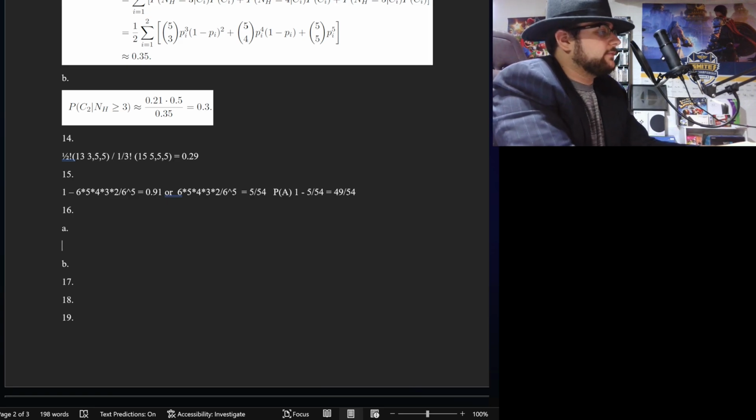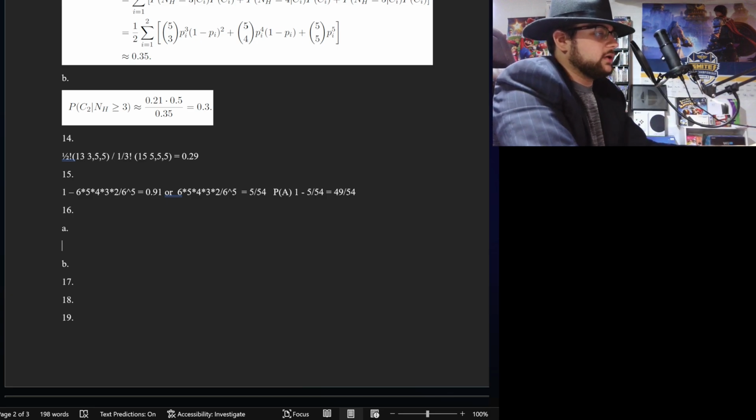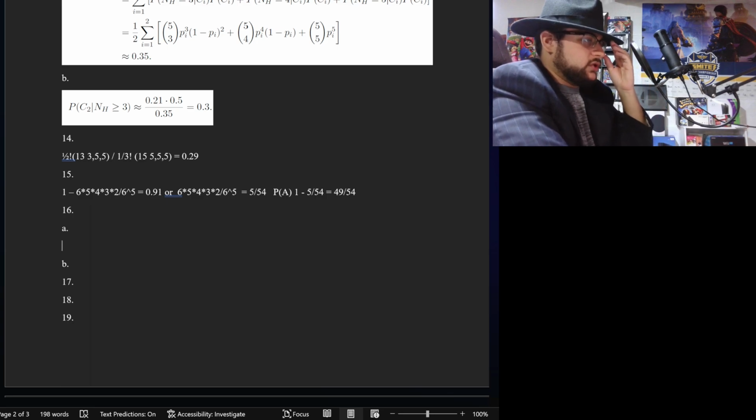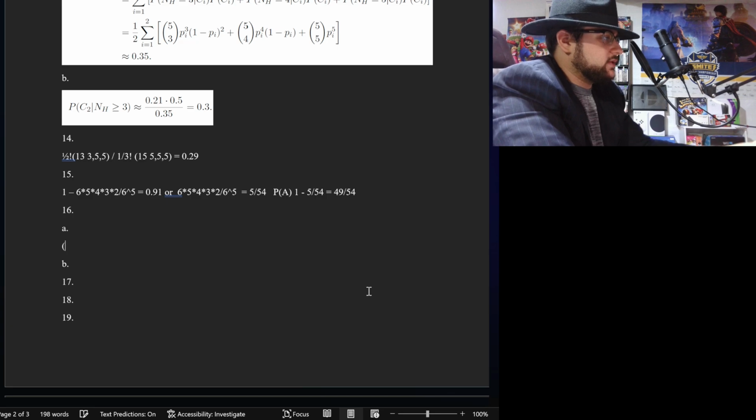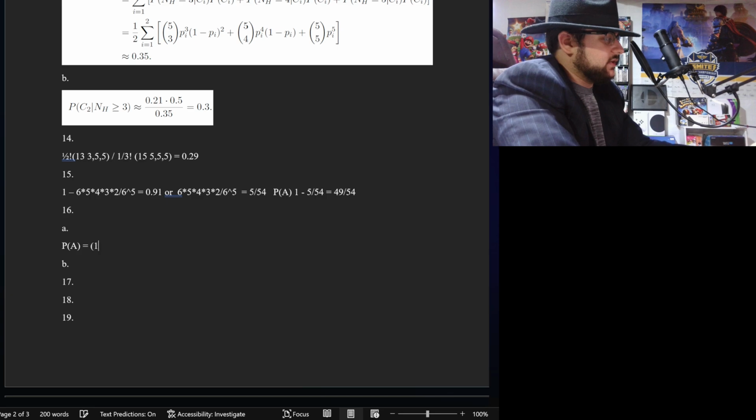Both of these are super easy. In fact, they are pretty close to just opposites of each other. So I'm going to do it like this. We'll start with P(A). I always use P(A) in these circumstances because I think that's important here, because with B, I'm going to show you how it's different.